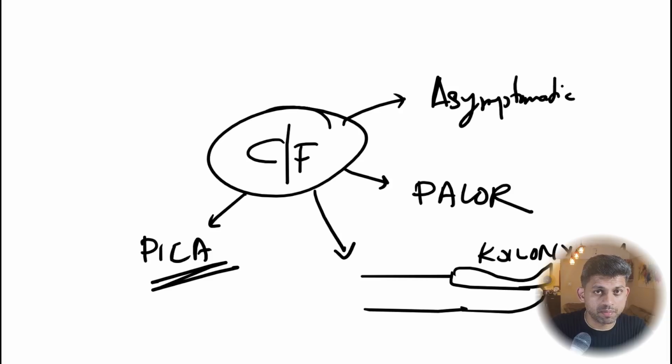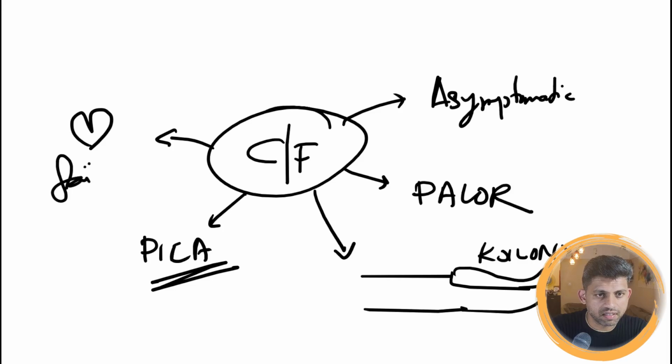Pica is an interesting symptom which occurs due to iron deficiency in the central nervous system. Here, patients start feeling like eating mud and soil and raw rice, etc. Long-standing iron deficiency can lead to heart failure. Also, increased tendency for infections.